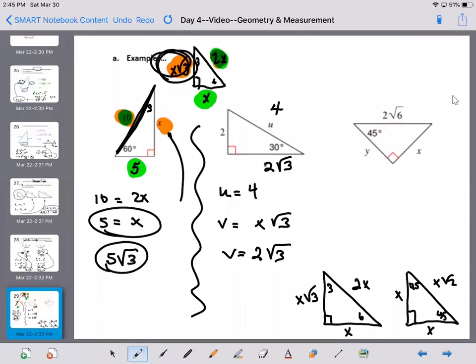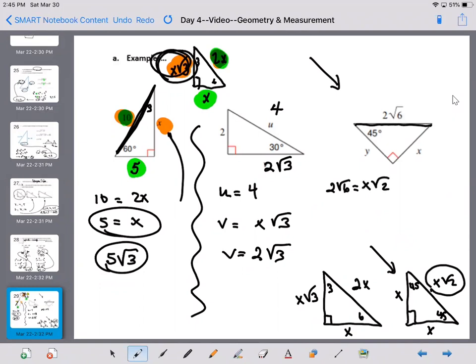So now let's look at this last one. This triangle here is modeling this relationship. If the hypotenuse is 2 square roots of 6, notice what it's got to equal. 2 square roots of 6 is going to equal x times the square root of 2.